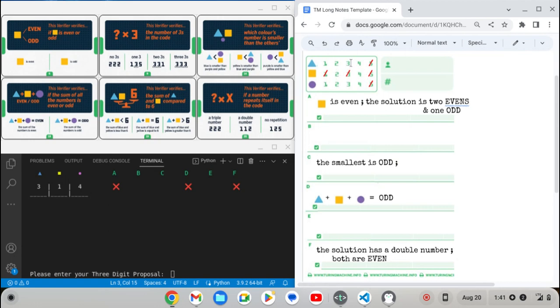There's only one case where it's greater than, and that would be 3, 4. So that's interesting. It'd be 3, 4, 4 if it were greater.